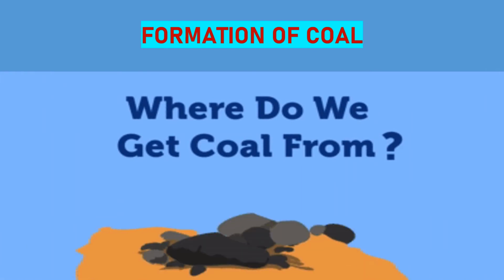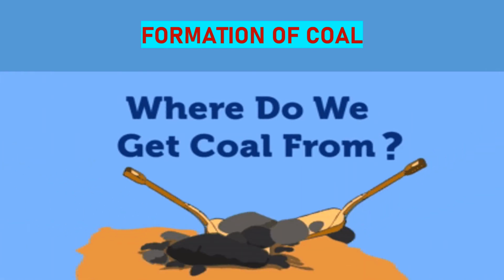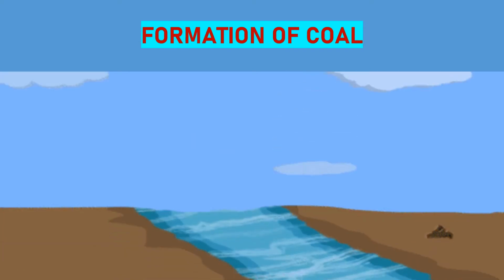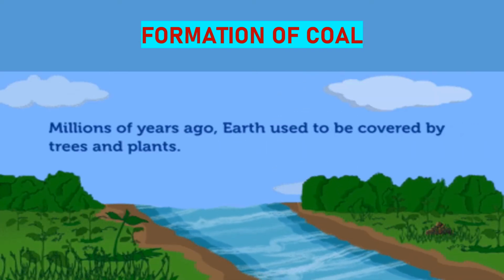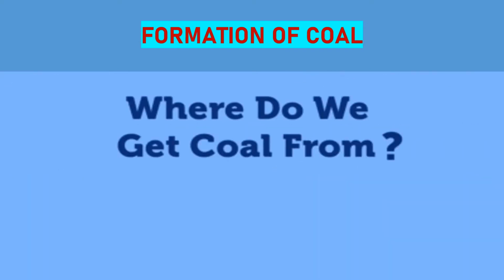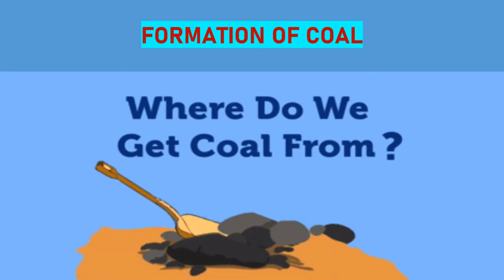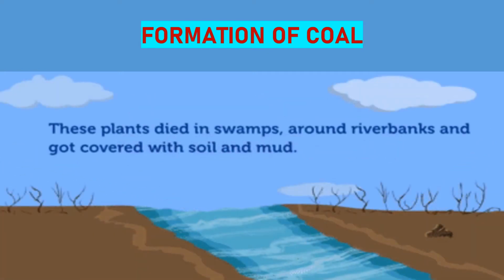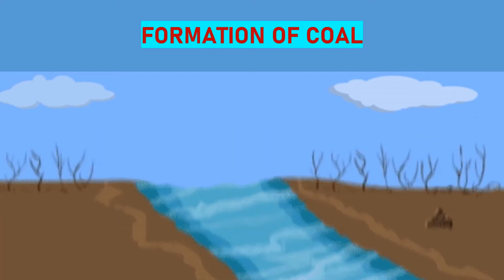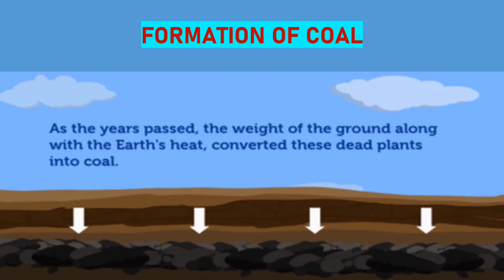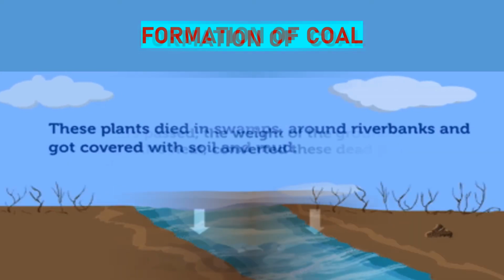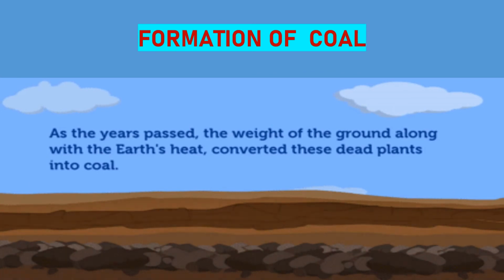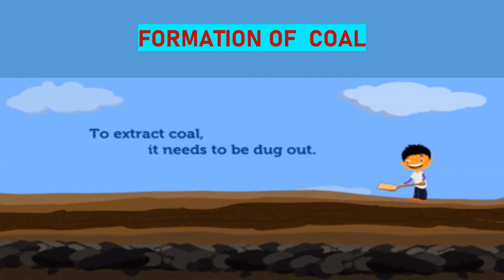Let us discuss where we get coal from, that is, the formation of coal. Millions of years ago, the earth used to be covered with trees and plants. These plants died in swamps around the river banks. As years passed, the weight of the ground along with the earth's heat converted the dead plants into coal. And these dead plants which have been converted into coal are what we are using now.